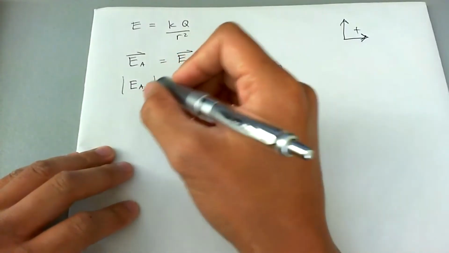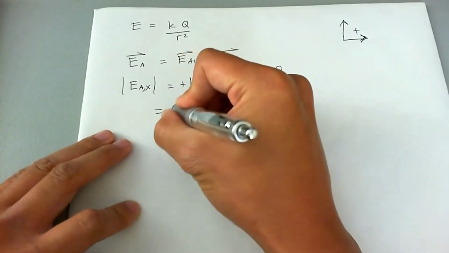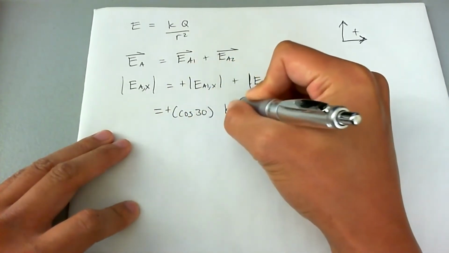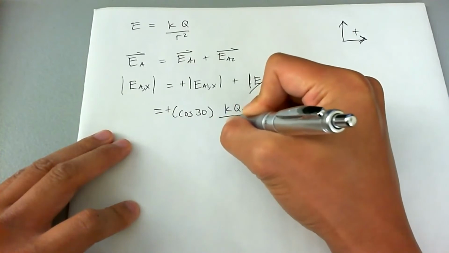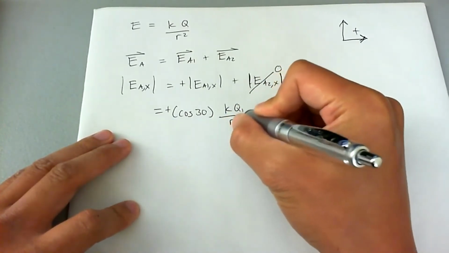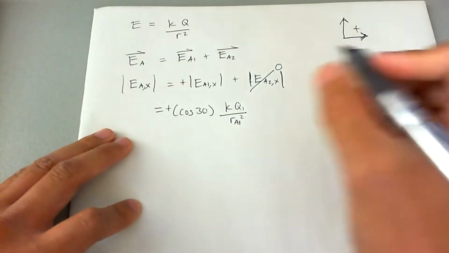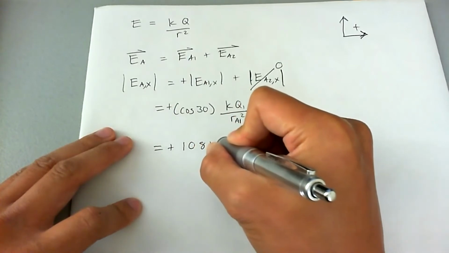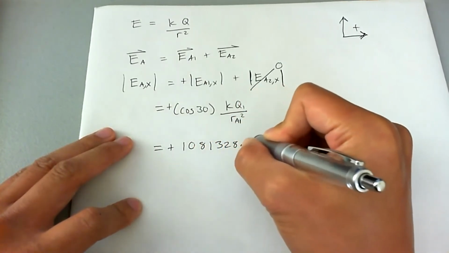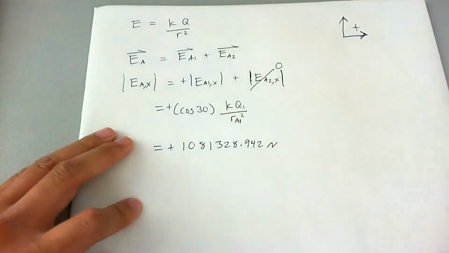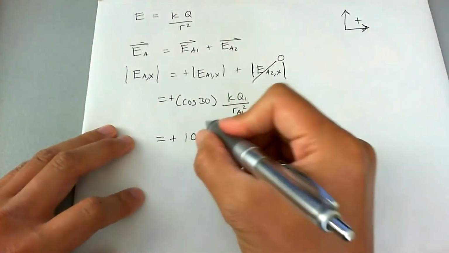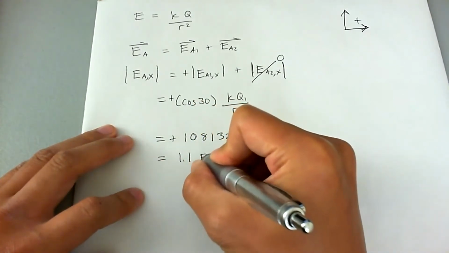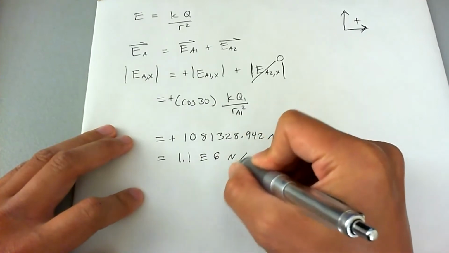So this equals positive cosine 30 times K Q1 divided by the distance between point A and charge 1 squared. In the calculator, this ends up being positive 1081328.942, so a very long number. We're going to reduce it down to the appropriate number of significant figures, which is 1.1 times 10 to the 6th power newtons per coulomb.